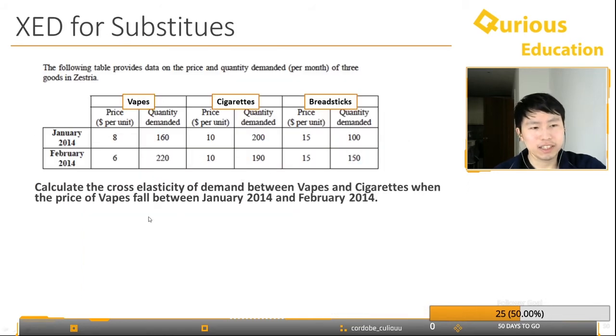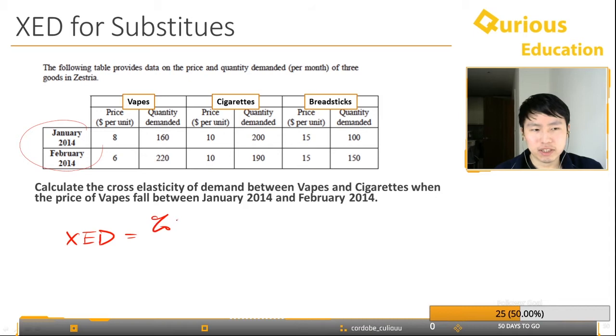So again, we can use the same example but with different names. So we got vapes, cigarettes, and breadsticks. So I would recommend smoking breadsticks instead of vapes or cigarettes. We can calculate the cross elasticity of demand between vapes and cigarettes when the price of vapes falls between these two periods. So again, we use the formula here.